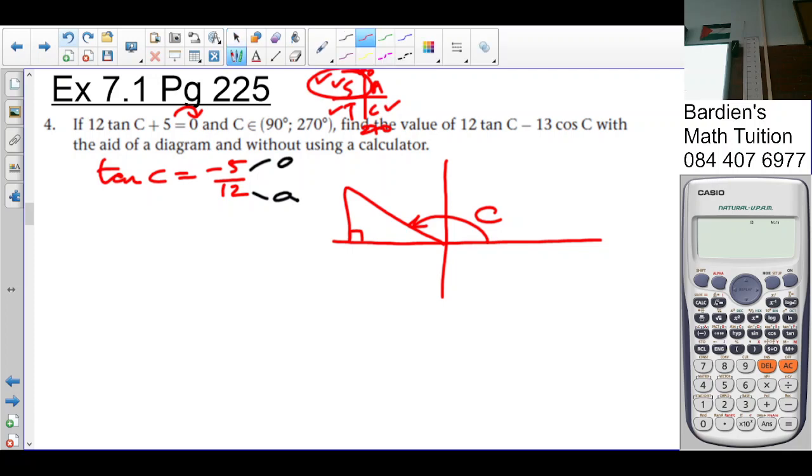So opposite is 5, adjacent is 12. Now coming to the sign here.